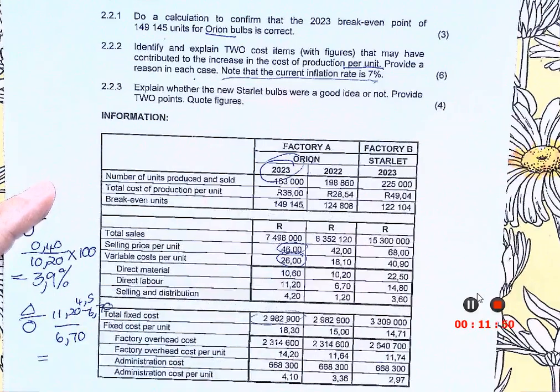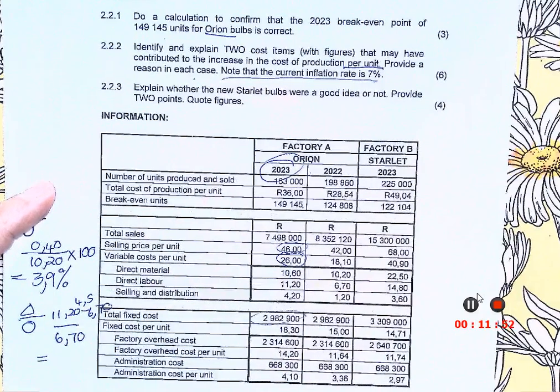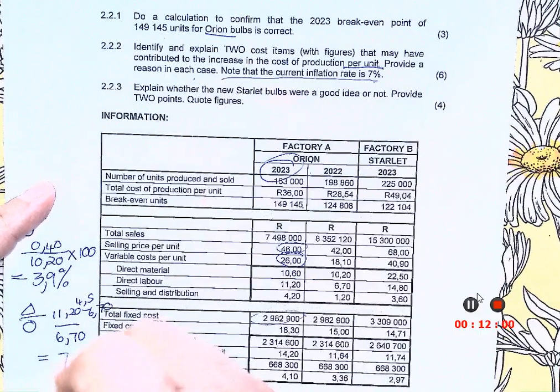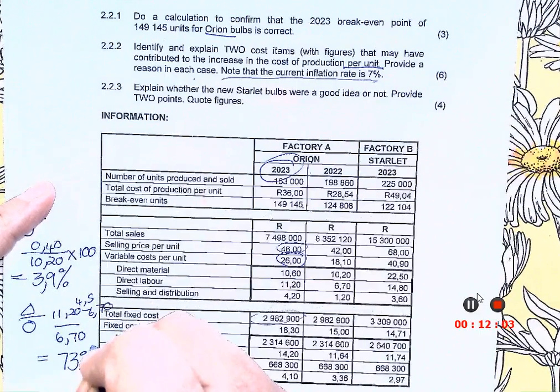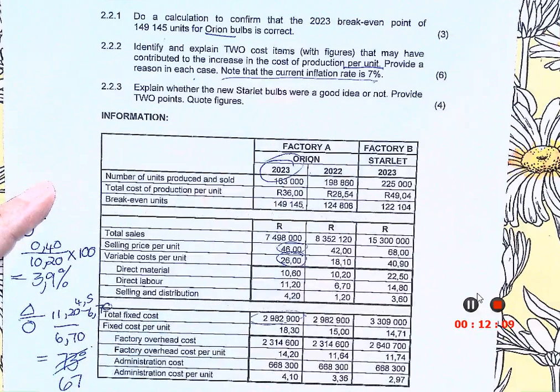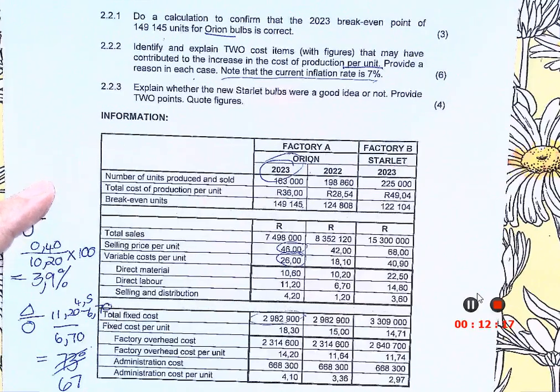Okay. So, how much? 73%. Wait. Okay, 67%. Do you think there's a problem? Yes, that's definitely an extreme increase.